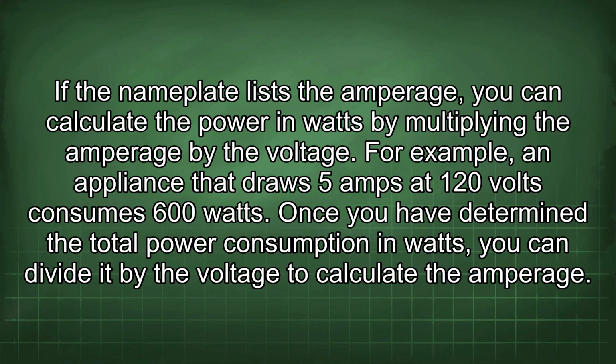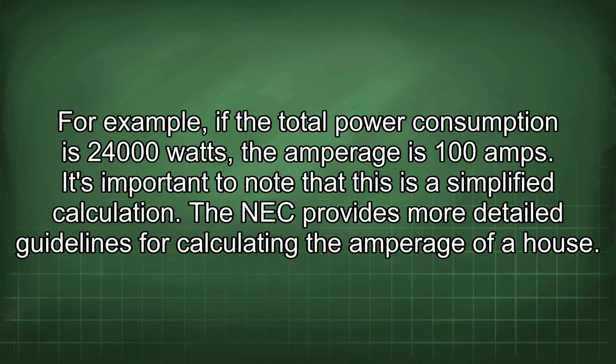For example, an appliance that draws 5 amps at 120 volts consumes 600 watts. Once you have determined the total power consumption in watts, you can divide it by the voltage to calculate the amperage. For example, if the total power consumption is 24,000 watts, the amperage is 100 amps.